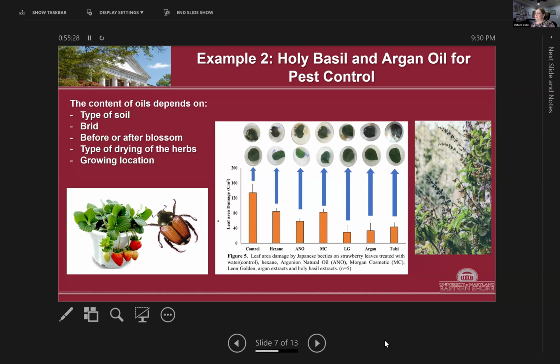And then in each chamber 10 Japanese beetles were placed and exactly the same amount of either extract or just control, which is no extract at all, or just a solvent, and some others where the same amount of extract was sprayed, and you can compare it with a picture taken after a week. And you can see that some leaves are eaten more than others, and there are some that have not been eaten at all. And that's one of the factors that we use to examine the effectiveness of our sprays.